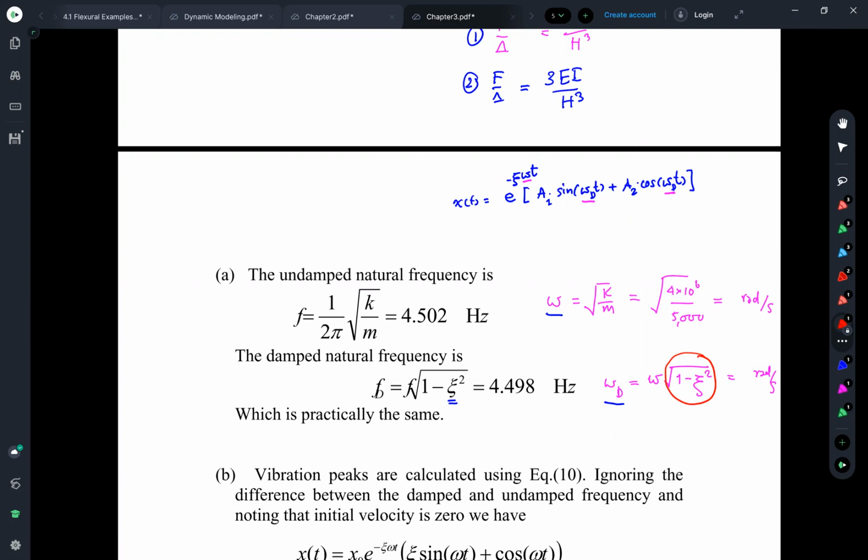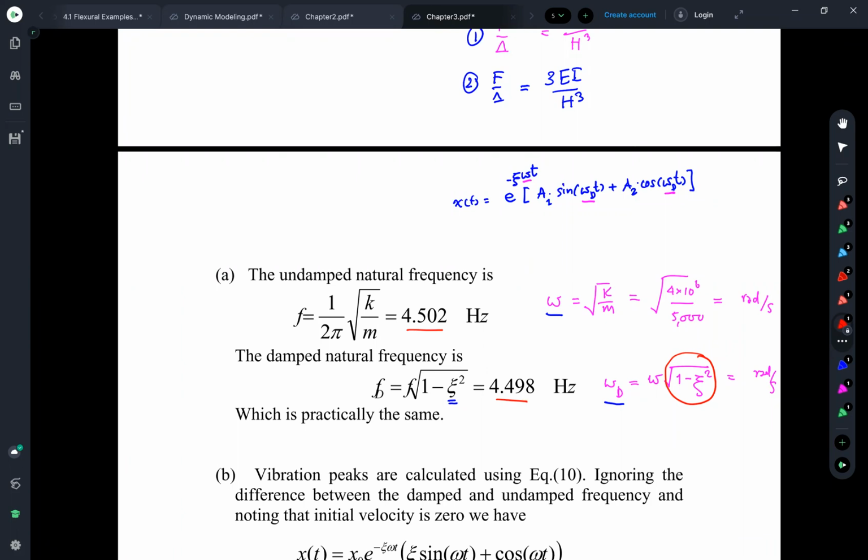Looking at this example, even though we assume the damping ratio of the system is 4%, 0.04, the difference in terms of the frequency is very small. I can say this is 4.5, this is 4.5, the same. The difference is very small.